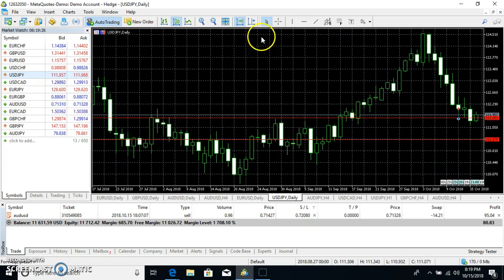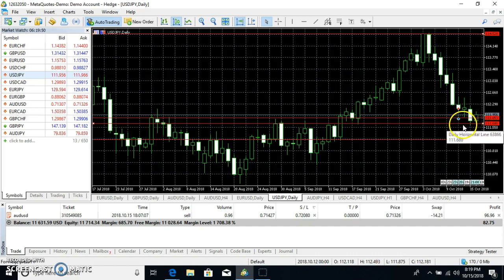I'm at my resistance here. That's my resistance. It's trading in this zone. And it looks like it's going up.